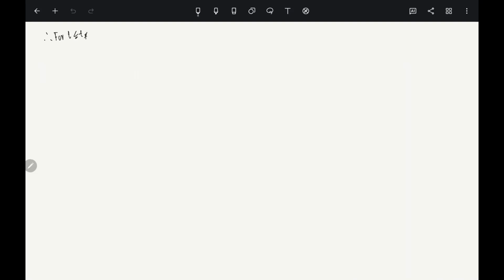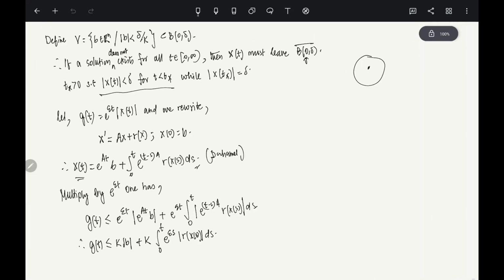So you see, for t less than t star, this term satisfies this particular thing. You see, we can actually bound it.